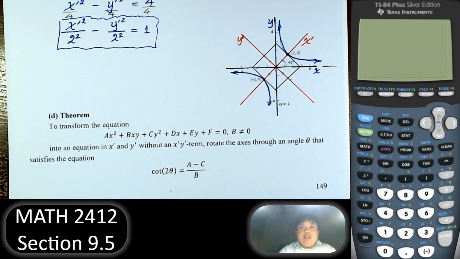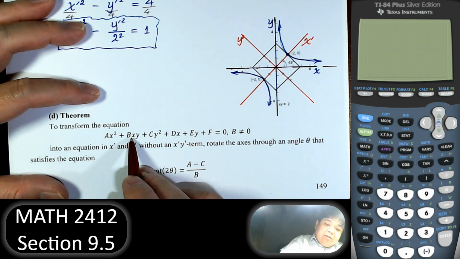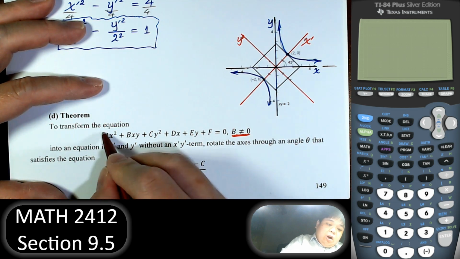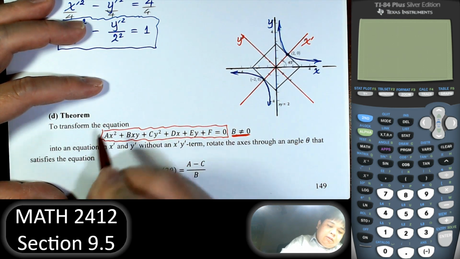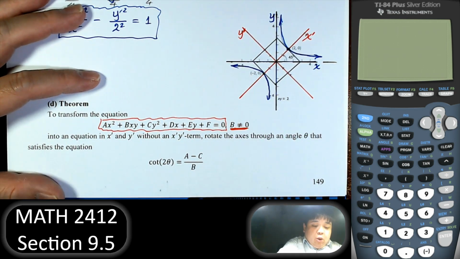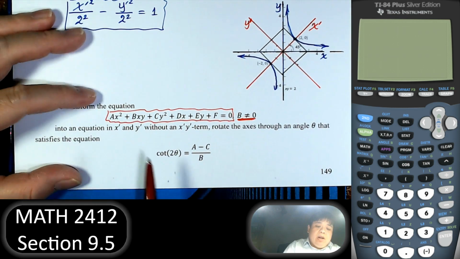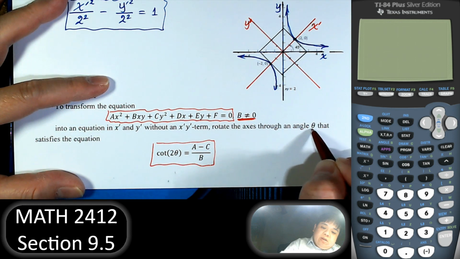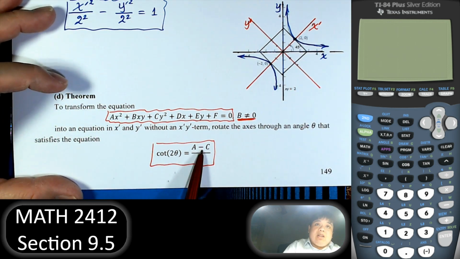So the point here is, how do we determine the angle of rotation? Well, in the equation in this form, notice that now we have the xy term, b is not equal to 0. When b is not equal to 0, we have a rotation of axes, because if b equals 0, then we just have the standard axes. Furthermore, we have the formula: if theta is the angle of rotation, then cotangent of 2 theta is equal to a minus c over b.